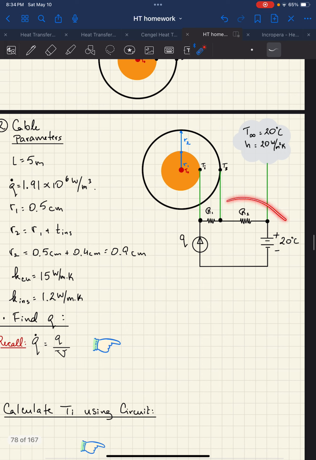So thermal circuit, very similar to what we did in the previous problem. It's almost actually identical. Basically, you have this portion here, which is heat generation. So you can't really use the thermal circuit there. What I did in both this circuit and the previous circuit is I represented the heat generation as a current source, which is basically what it is.